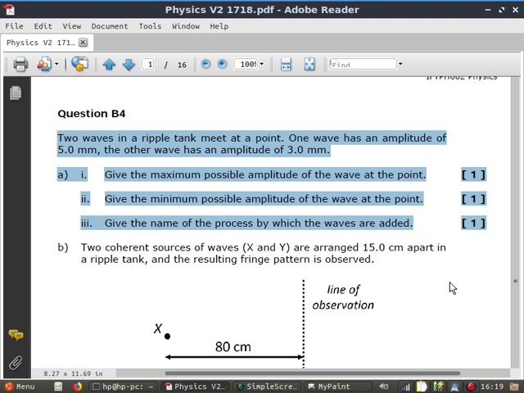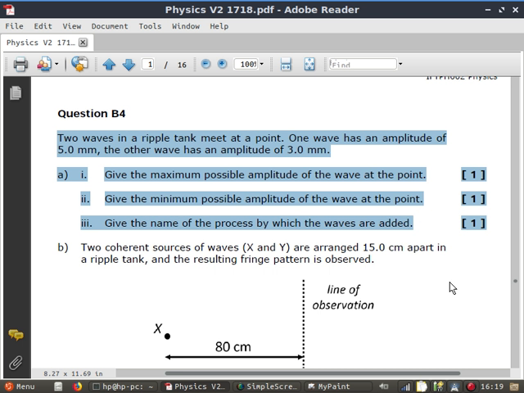So, what's the first answer? What do you think? An 8. Good. Because the 5 and the 3 can meet to make an 8. The second answer? Two. Good. Because the 5 and the 3 can meet to make 2. Good. And lastly, the name of this process?